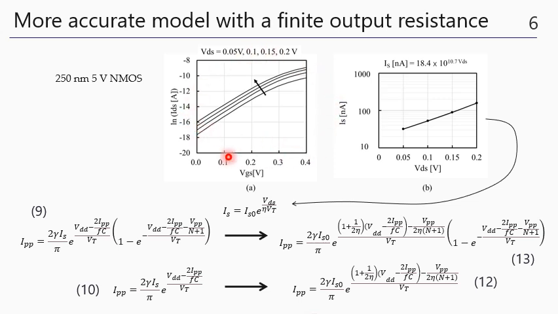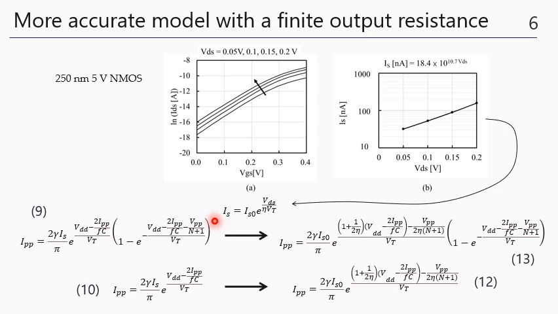This is the VGS-IDS curve of the SPICE model for this transistor with different VDS. We call it the short channel effect. Based on this, from the VDS versus saturation current curve, we get the saturation current IS as a function of VDS like this.